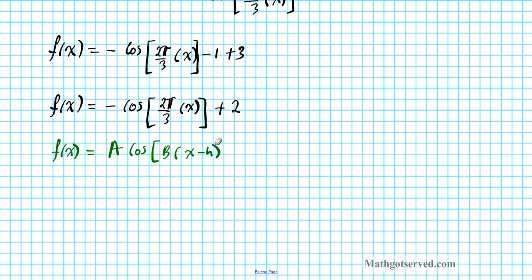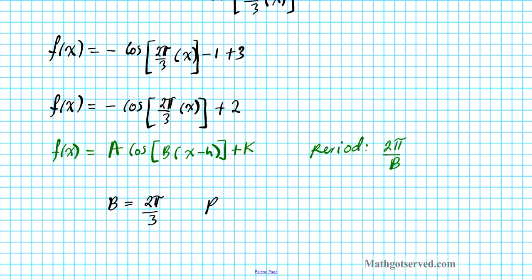In this case, h is 0, plus k. And then we said that the period is 2 pi over b. Now, can you see what b is in this function? B is 2 pi over 3. So b is equal to 2 pi over 3.